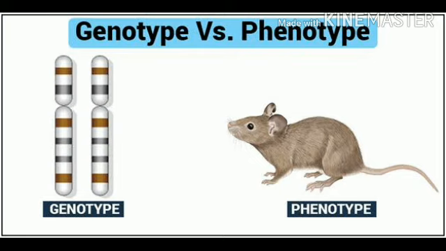More specifically, the combination of alleles an organism inherits from its parents. The phenotype means the appearance, that means the physical, biochemical and physiological traits of an individual produced by the expression of genotype under the influence of environment.